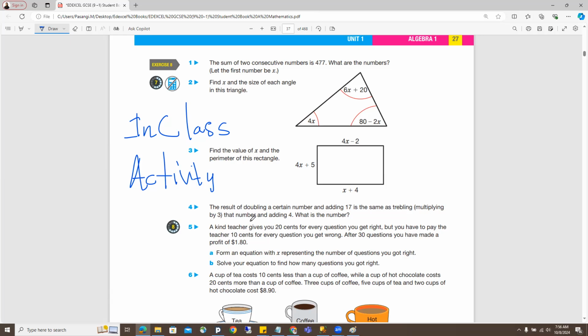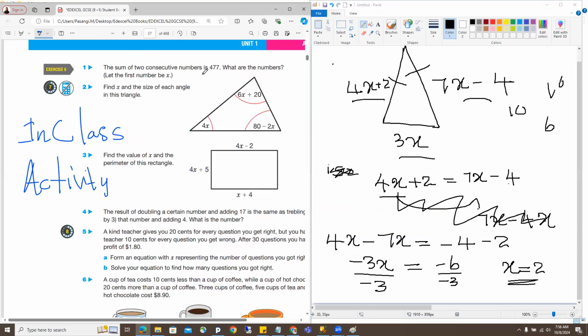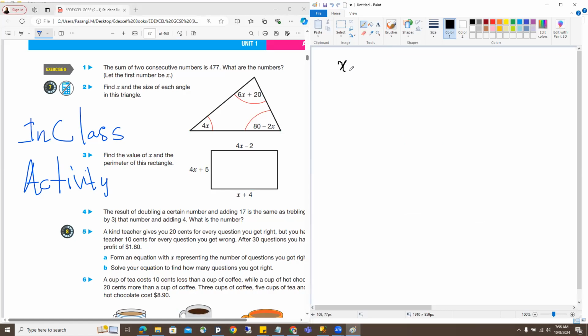Sorry. Yes, now tell me. Miss, we have to take 6x plus 20 and 80 minus 2x together, right? Yes. The sum of two consecutive numbers is 477. So you have to consider the two consecutive numbers as x and x plus 1.